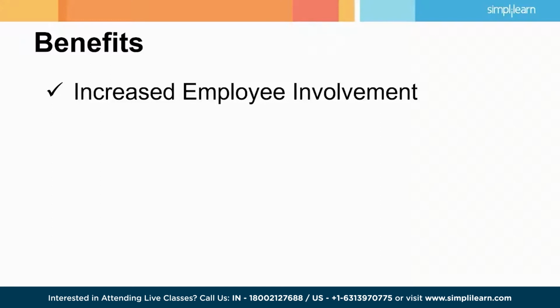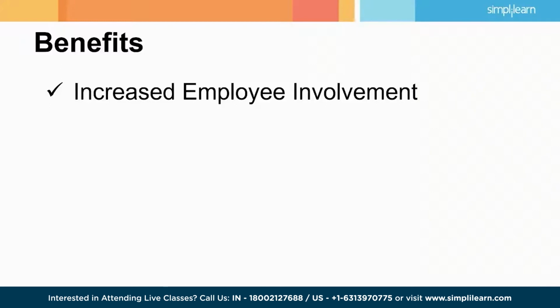One of the benefits is increased employee involvement. Increased employee involvement is one of the big benefits of Lean Six Sigma. Through their participation on process improvement teams designed to help them improve processes and increase value for their own customers, people get really, really involved because they can actually see how they can help their company to improve what they are doing, to improve the processes and to improve customer satisfaction.